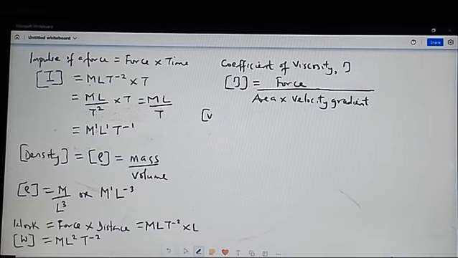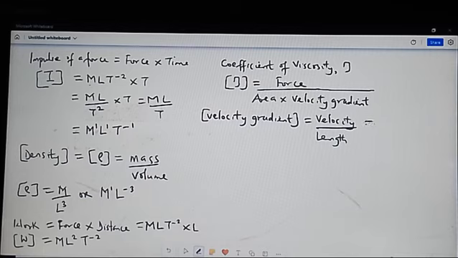Velocity gradient has dimension of velocity over length.